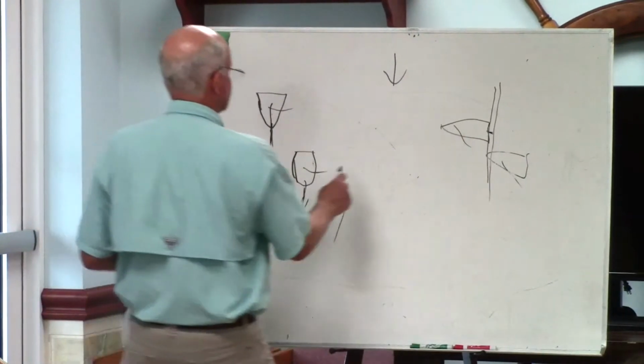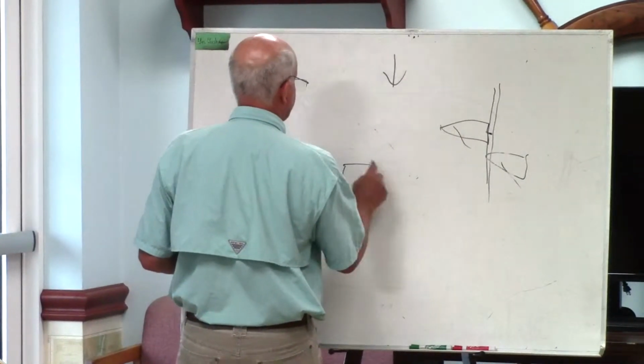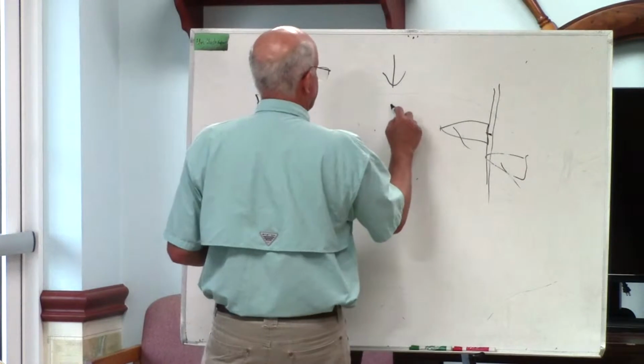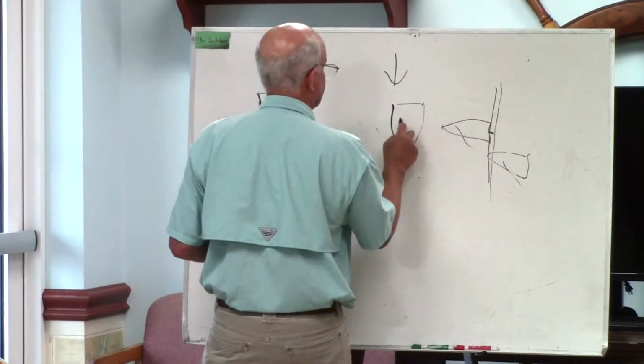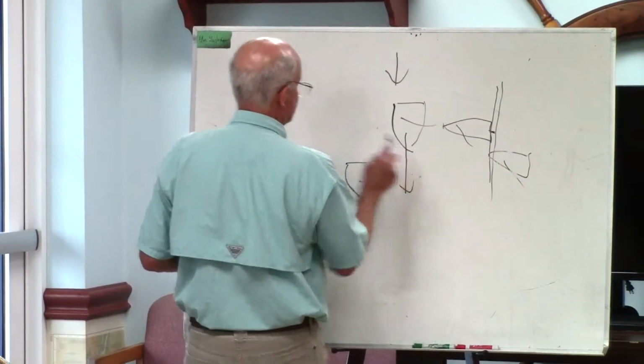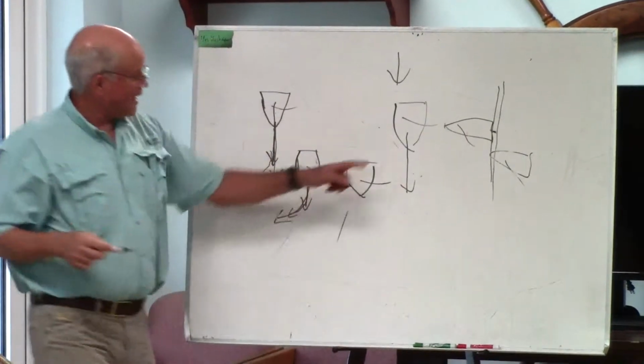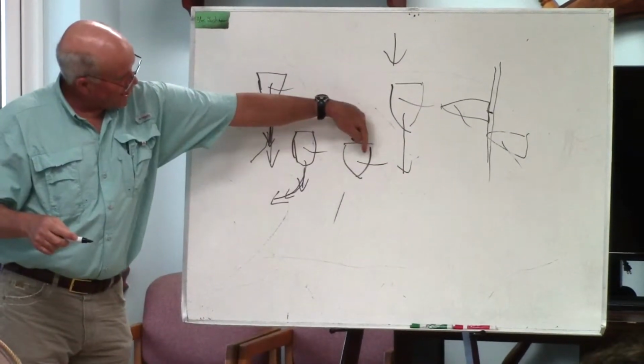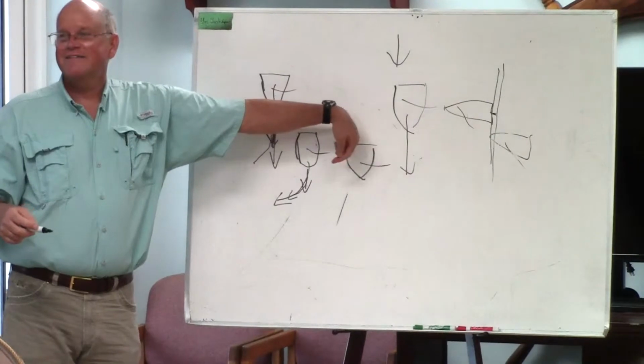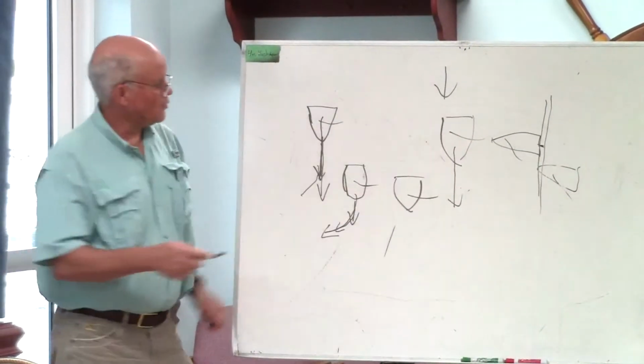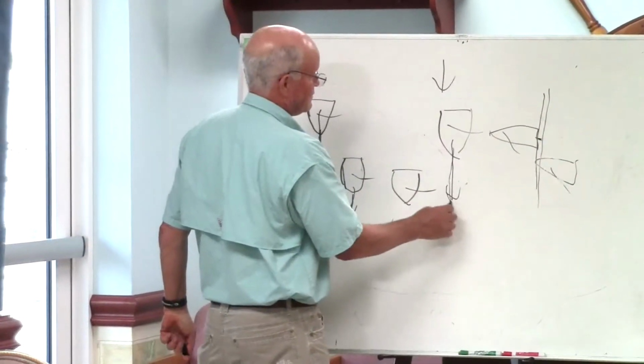You have a boat sailing downwind, two boats on the same tack, and it develops an overlap from behind. Now they're overlapped. Then it cannot sail above its proper course while it's overlapped.